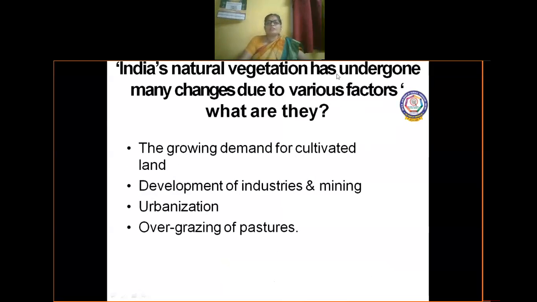Now, India's natural vegetation has been under challenges and changes due to various factors. Now, why? What are they? The growing demand for cultivated land. During British time, when cultivation became commercialized, a lot of forests were cleared.